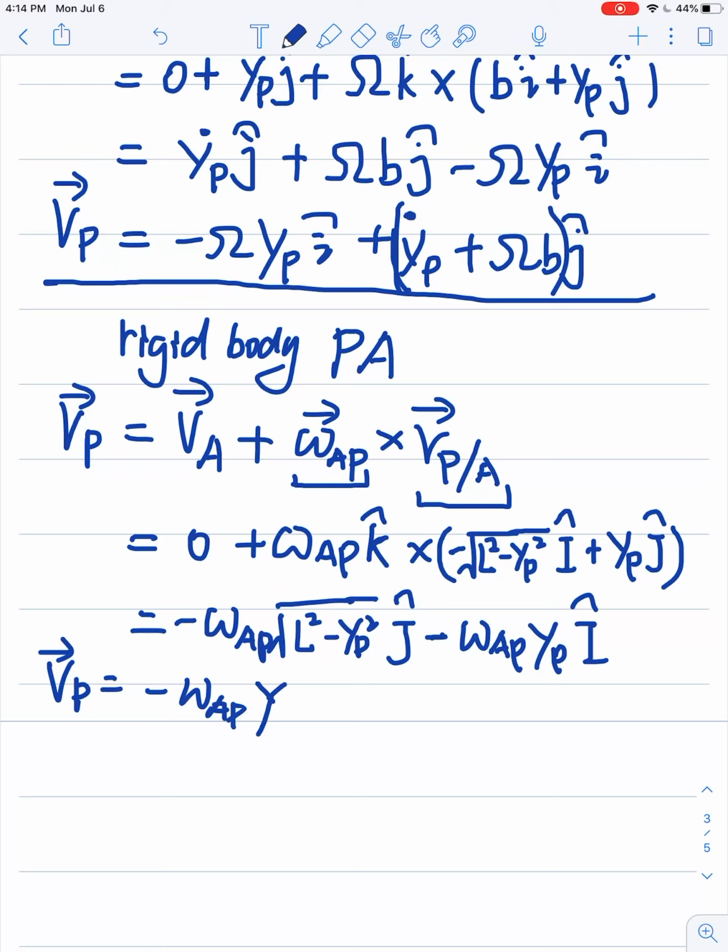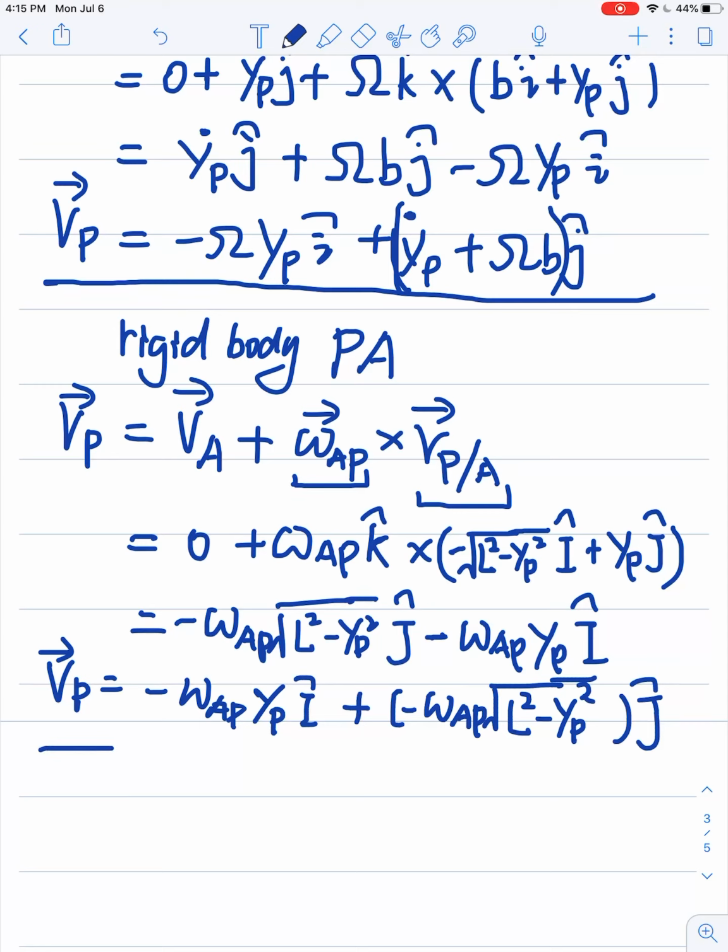We get negative omega AP YP I plus negative omega AP square root of L squared minus YP squared. That's our J component.